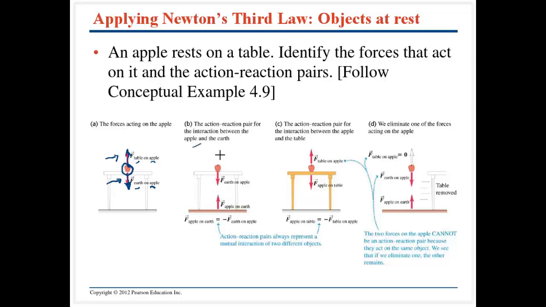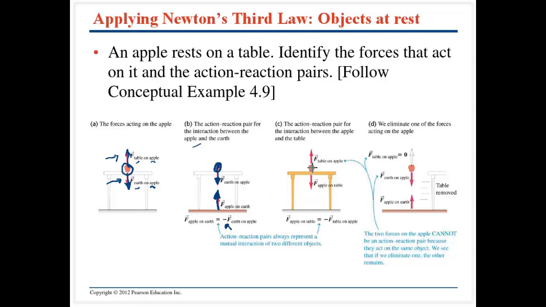So let's take a look over here at B. If the earth exerts a force on the apple, this is going to be downward, and what Newton's third law says is that there needs to be a force of the apple on the earth that's going to be equal in magnitude and opposite in direction, hence the negative sign right there.